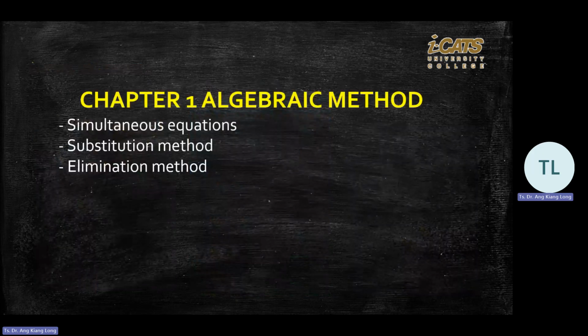Chapter 1, simultaneous equation. Let me try to use a board. We have a few types of equation. y equals mx plus c, or we can say y equals ax plus b.